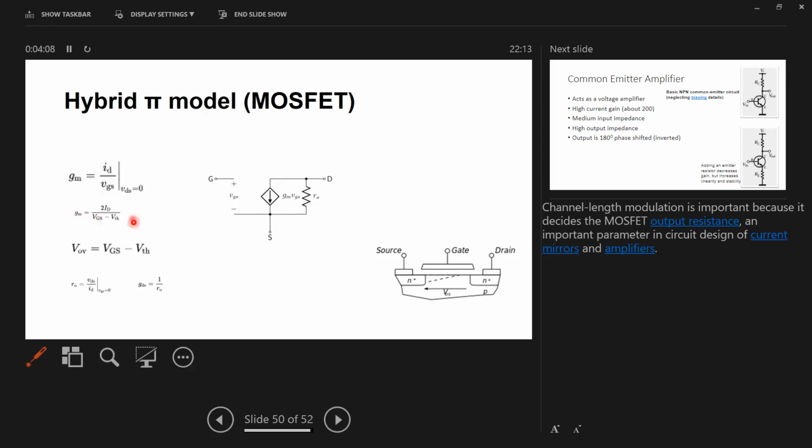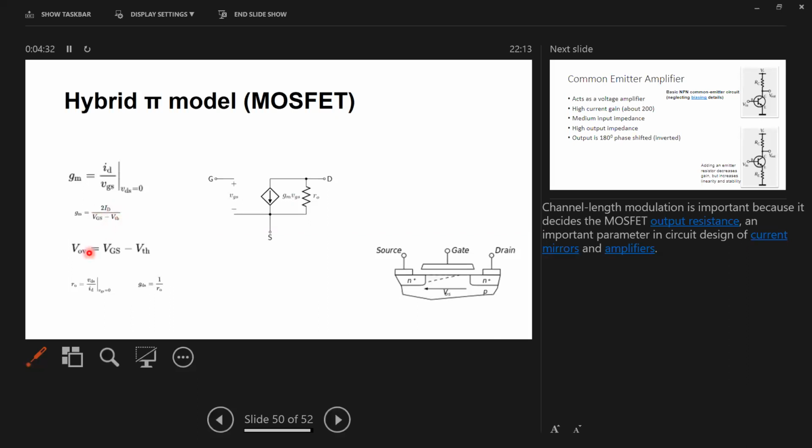For a DC biasing condition, gm can be defined as the ratio of 2 times ID divided by VGS minus VTH. You see the capital letters and underscore, which indicate DC analysis, just like you connect DC voltage sources to your MOSFET and bias it to set the operating point.